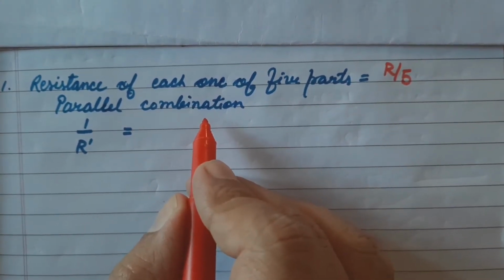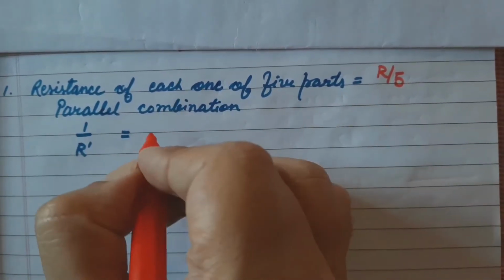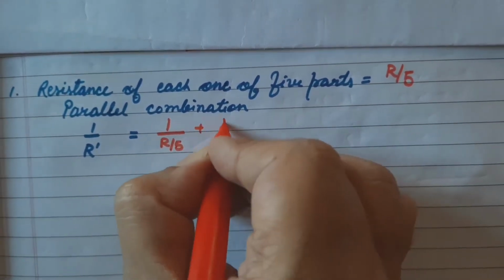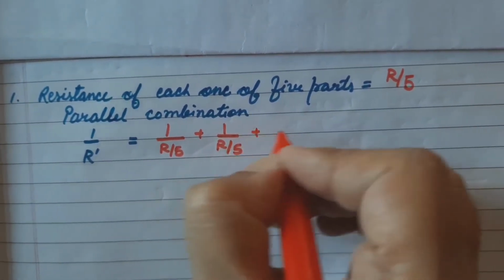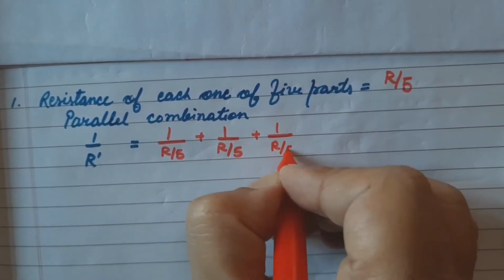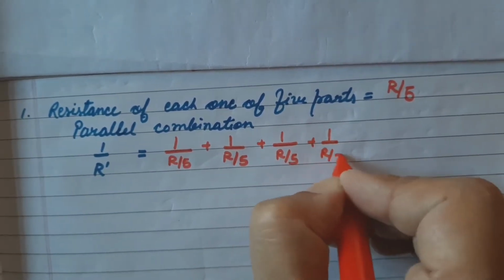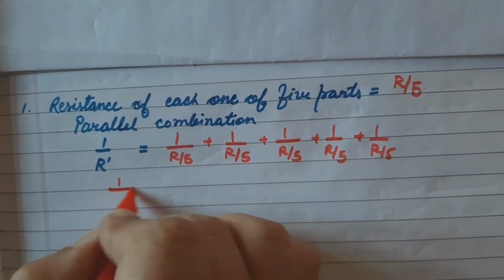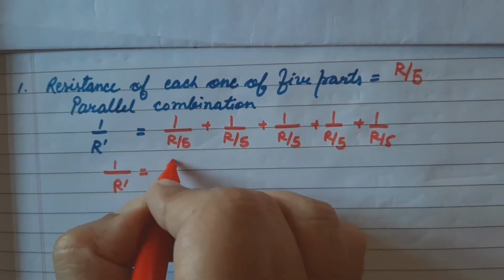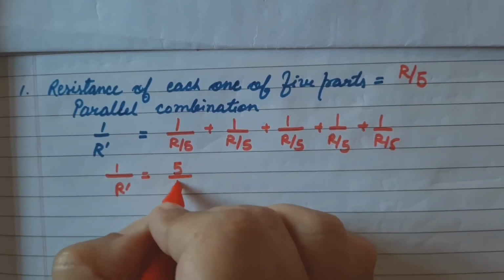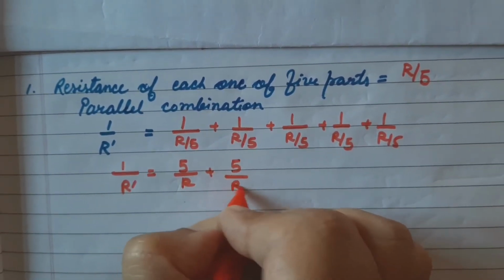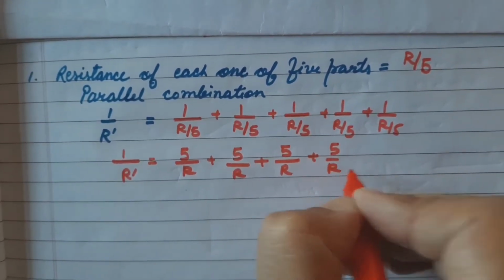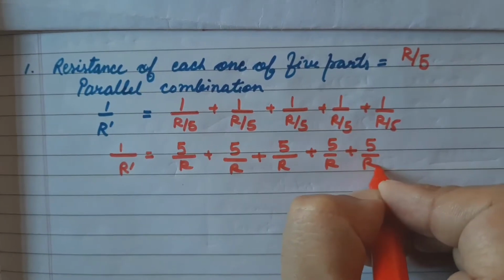So equivalent resistance can be calculated as 1 upon R dash equals 1 upon R by 5 plus 1 upon R by 5 plus 1 upon R by 5. It can be written as 5 upon R, 5 upon R, 5 upon R, and so on.